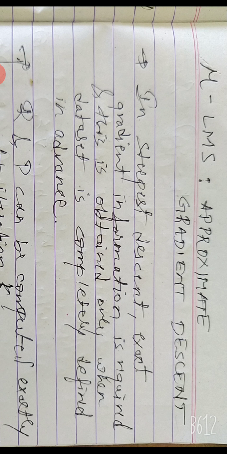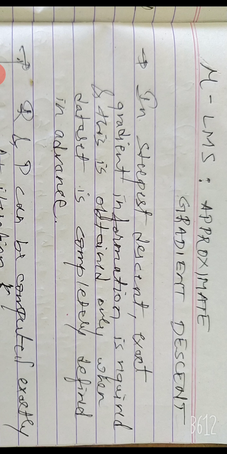Then using that epsilon, we calculated our weight updation, that is W of k plus 1. That gradient is multiplied with the learning rate to get the updated weight. That means in steepest descent, our whole algorithm was working based on exact gradient information.